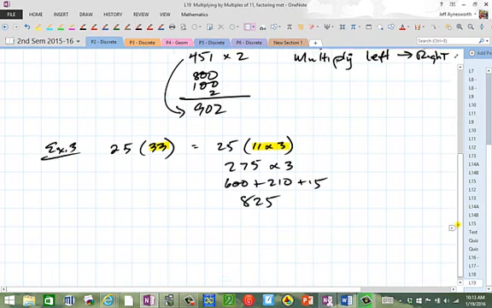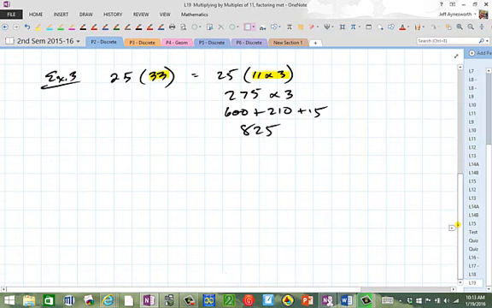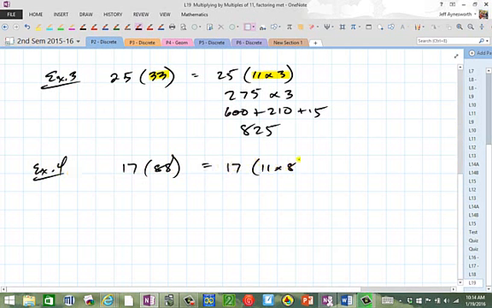Now, if that was not enough examples, let me do a few more. Let's suppose we take 17 times 88. Example 4. I see in my mind 17 times 11 times 8. So I factor the 88 as a multiple of 11. 11 times 8 is 88. So 17 times 11, in my mind, I'm thinking 187.